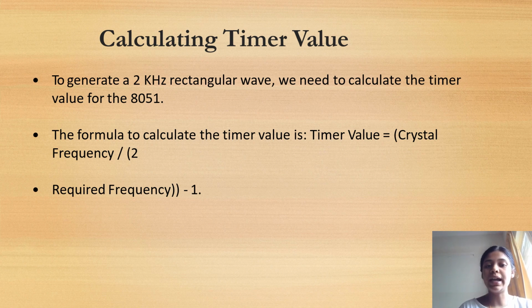Let us go through the calculation of the timer value. To generate a 2 kHz rectangular wave, we need to calculate the timer value for the 8051. The formula to calculate the timer value is crystal frequency divided by 2, divided by the required frequency, minus 1.